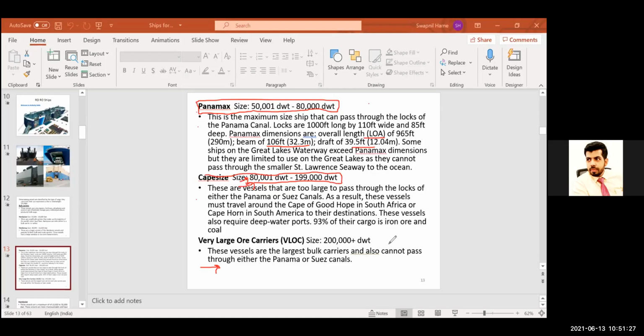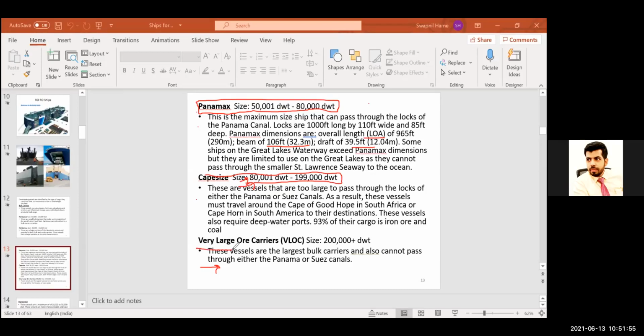So these are VLOCs. They carry a single grade cargo like coal and ores. You will find they are carrying iron ore, coal. Most of the time they carry these cargoes, and generally they will have a kind of fixed trade. Load coal from Australia, discharge in China. So that trade is there.